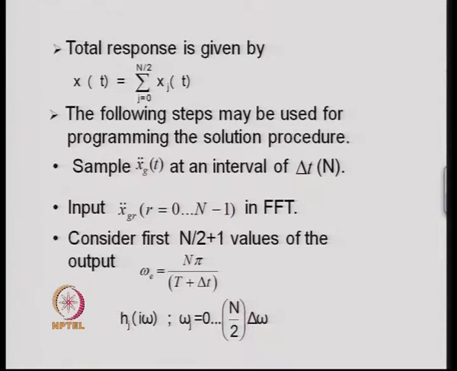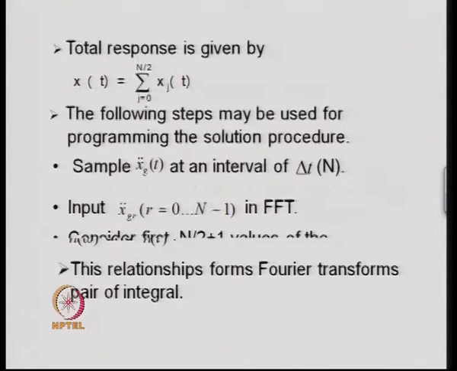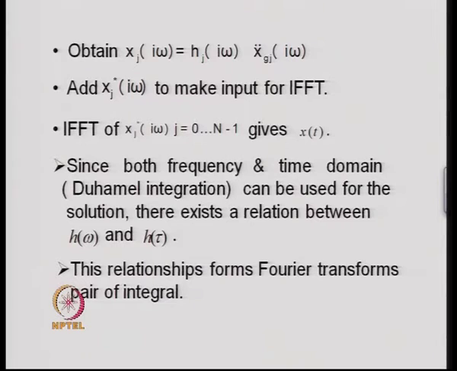Then consider the first n by 2 plus 1 values of the output, and we get the Nyquist frequency, which is given by this, and we obtain Hj(i omega), which is the complex frequency response function for the single degree of freedom system, which is nothing but equal to the inverse of k minus m omega square plus i c omega.